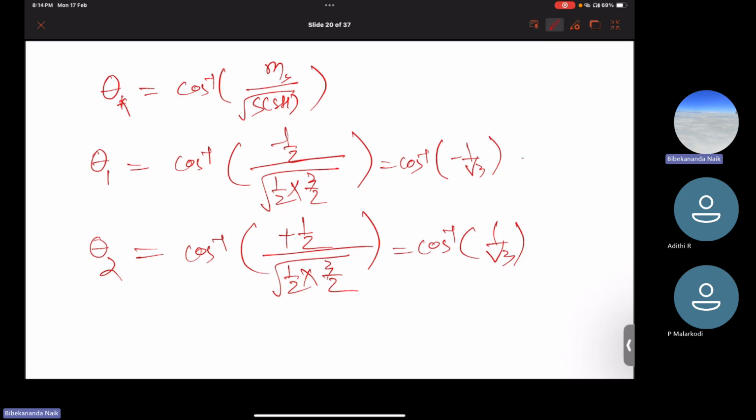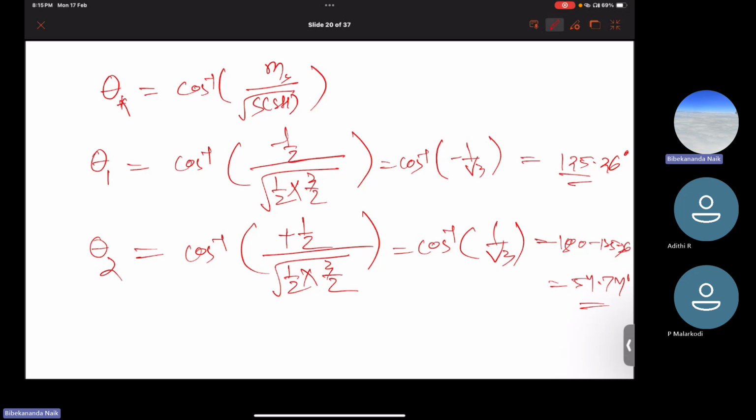So cos inverse minus 1 by root 3 will give you 125.26 degree. Here in the question we have only two values. Since one value is 125.26 degrees, another value will be 180 minus 125.26 degree, which will give you 54.74 degree.